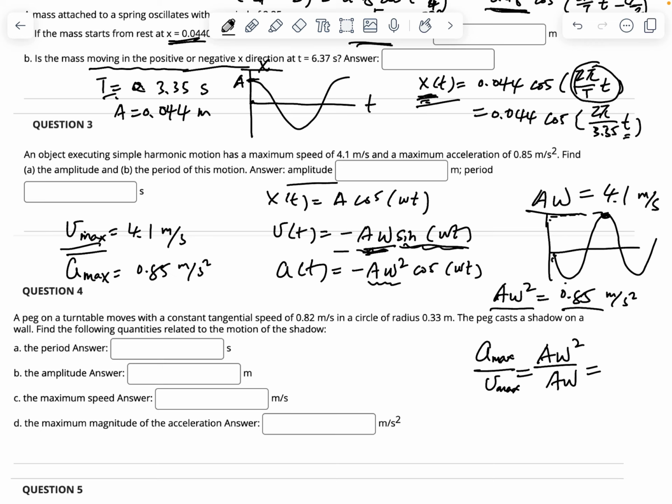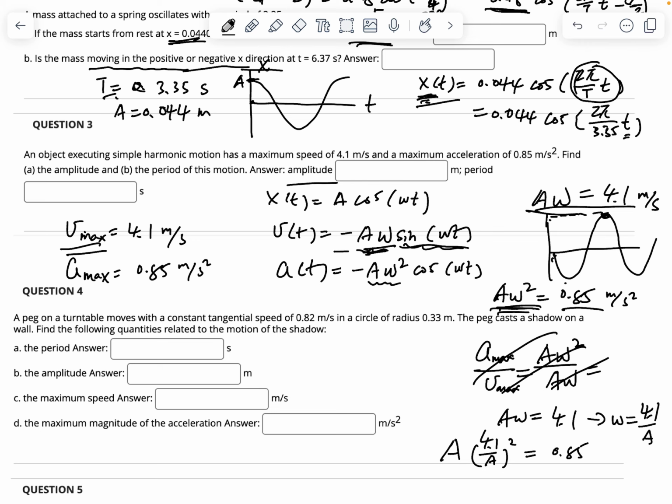Okay, the other way: A omega equals 4.1 gives you omega equals 4.1 over A. Then you plug omega into this equation. A omega squared: A times (4.1 over A) squared equals 0.85. From this equation, you can figure out A.